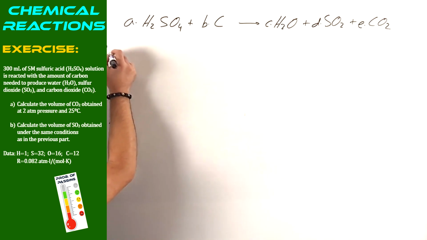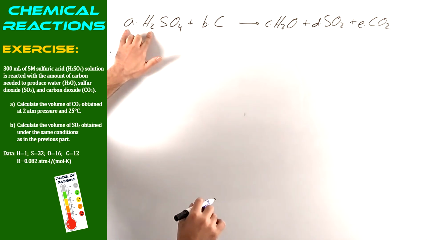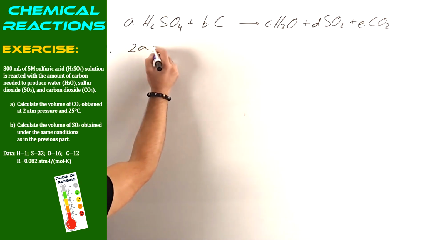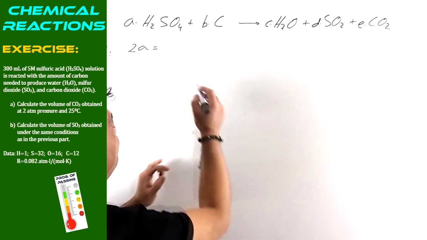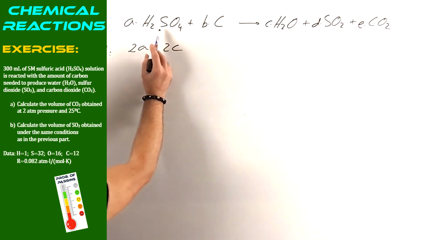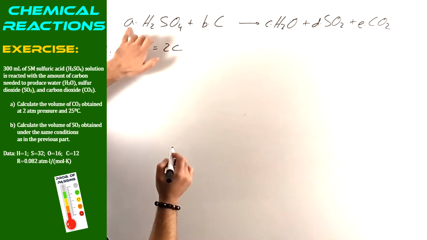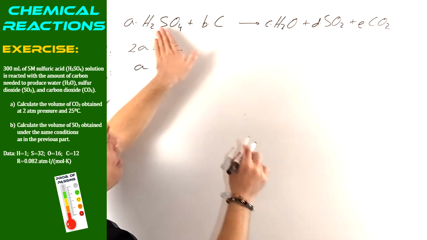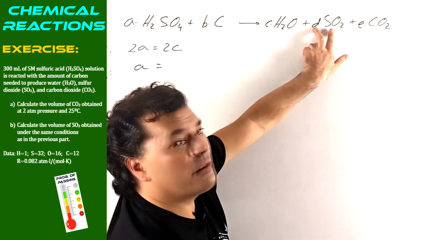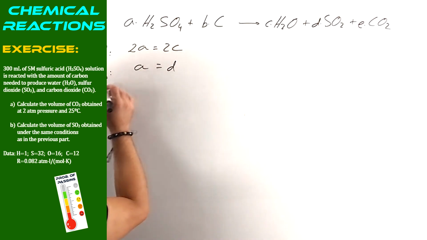How many hydrogen atoms do we have on the left side? 2A, that must be equal to 2C. Now it's turn for sulfur. A times 1 is A, must be equal to D times 1 is D. Now it's time for oxygen.